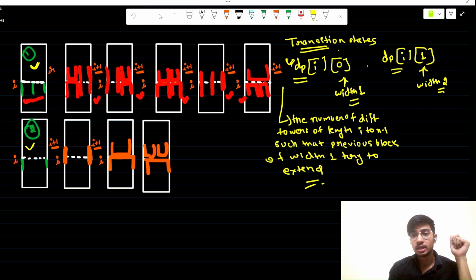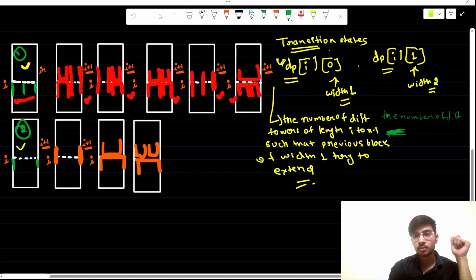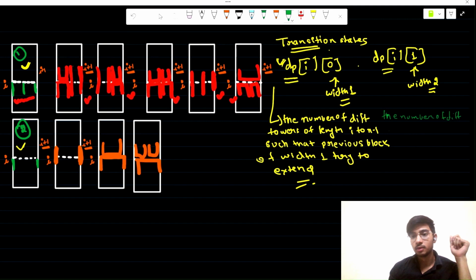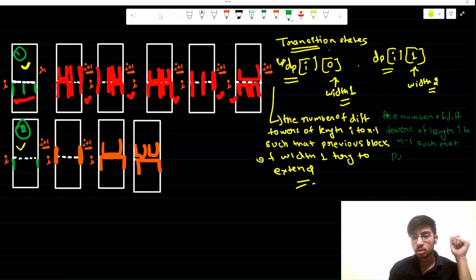And dp of I1 represents the number of different tasks of length I to n minus 1, such that the previous block of width 2 is trying to extend.